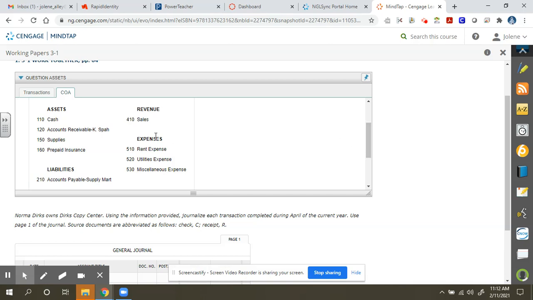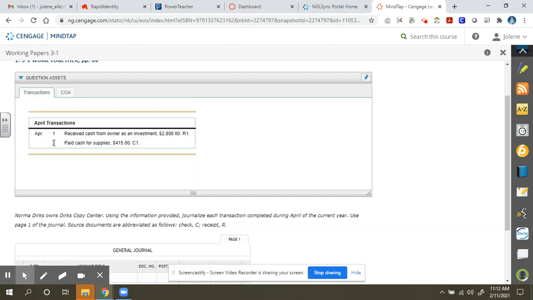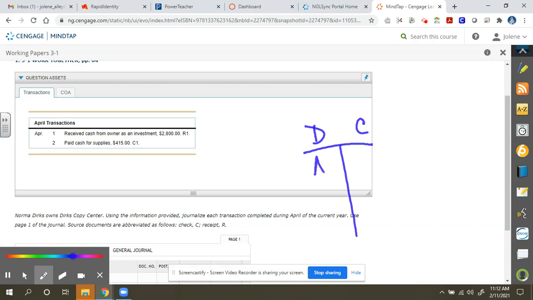All right, so we're going to go back over to our transactions, and we have to record received cash from owner as an investment. Now, I'm going to show you, again, my trusty DC Adler. Assets, drawing, expenses, liabilities, equity, revenue.